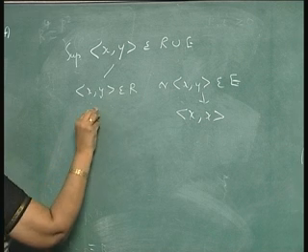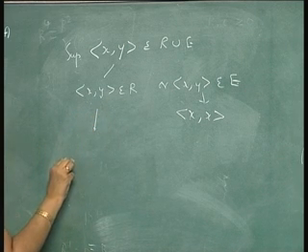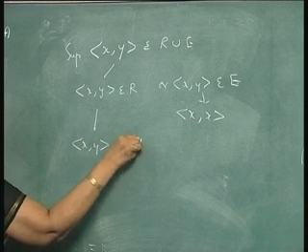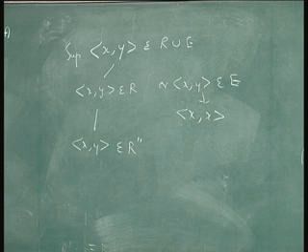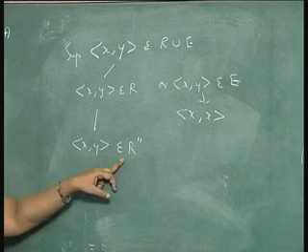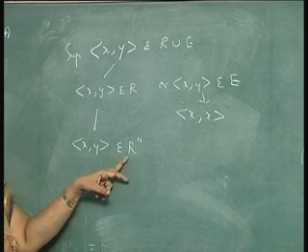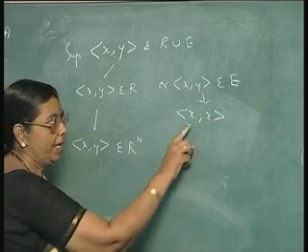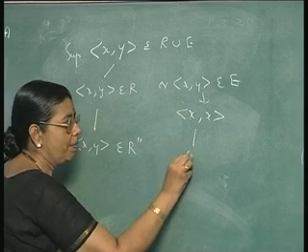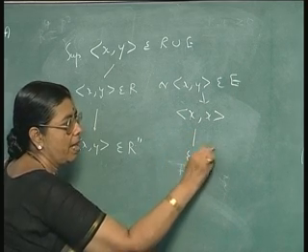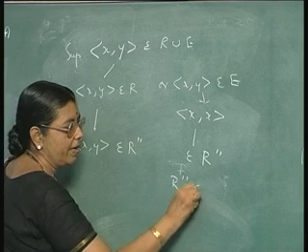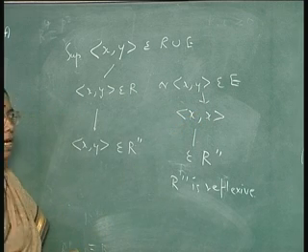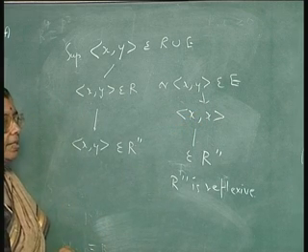Now, if xy belongs to R, xy will belong to R2 dash. The reason is R2 dash contains R. Now, if it belongs to E, it is of this form, then also it will belong to R2 dash. The reason is R2 dash is reflexive, so it will contain all pairs of the form xx.